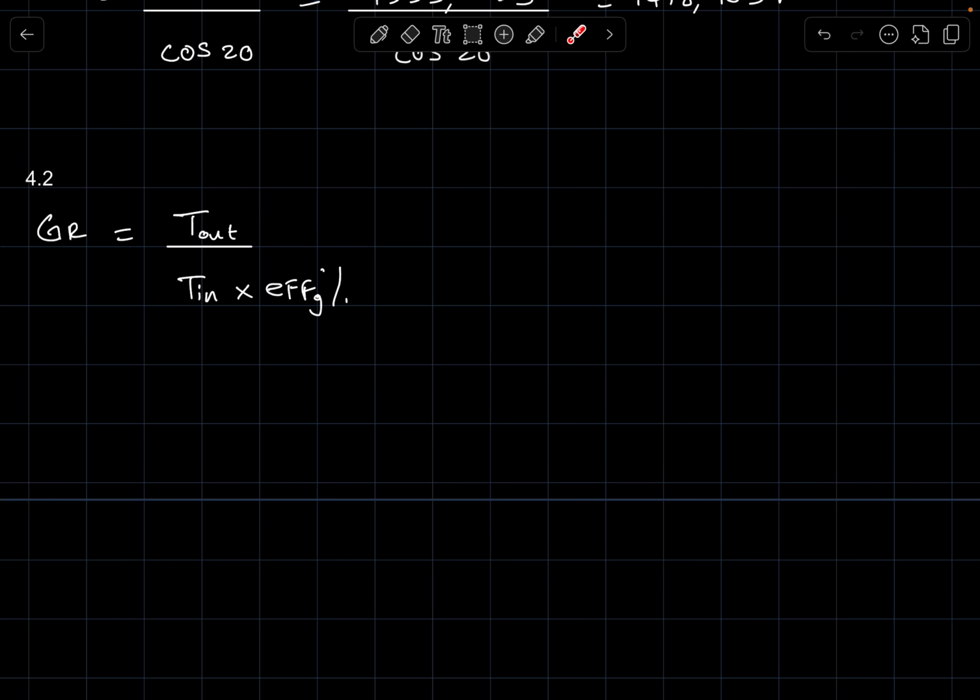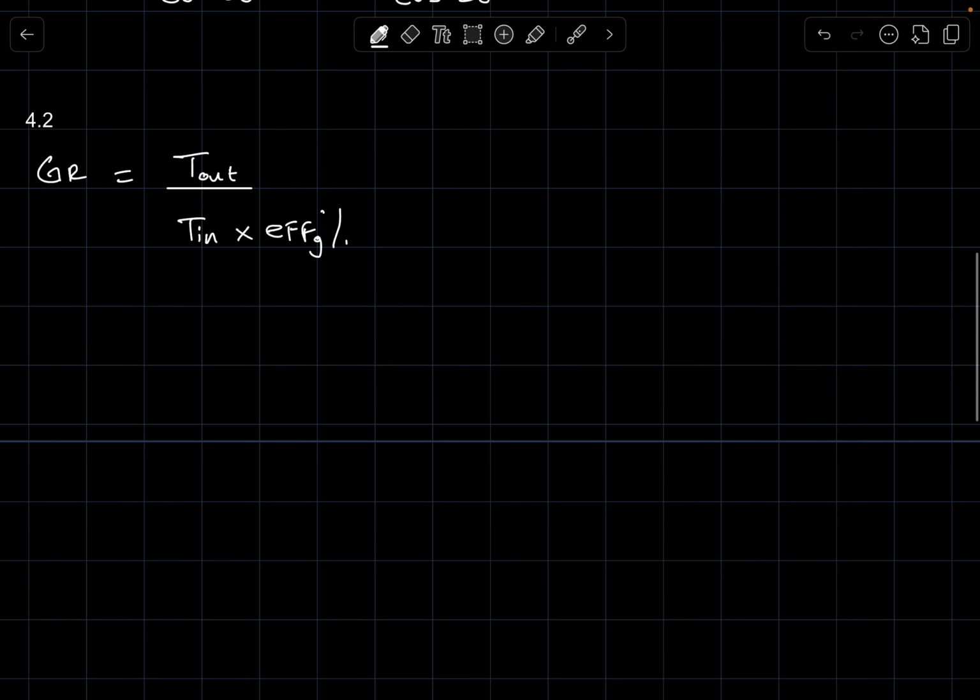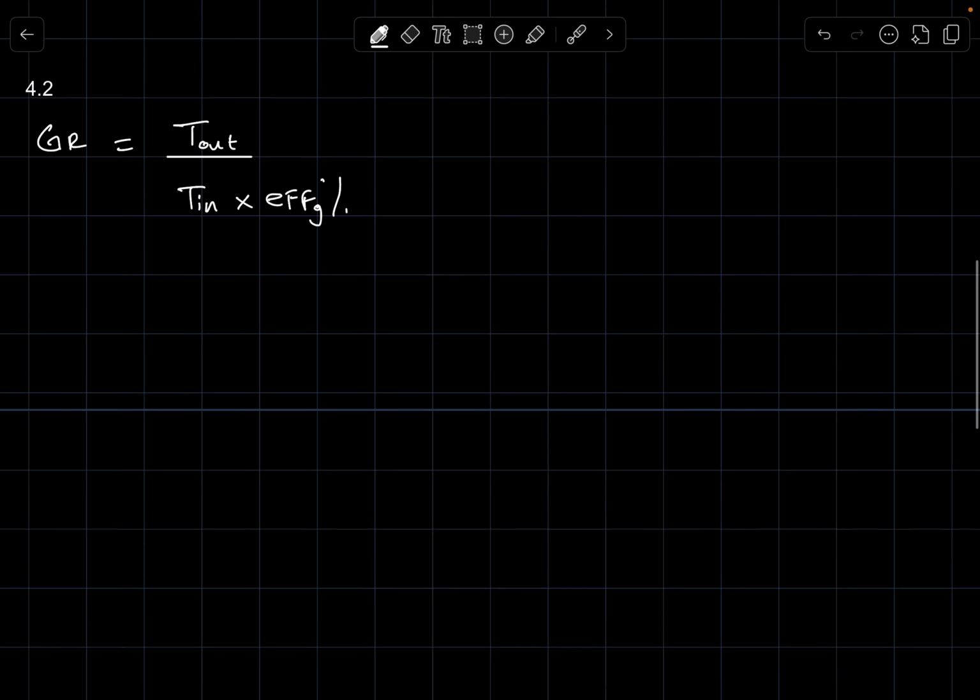Then from here we are looking for T out, so we make T out the subject of the formula. Hence this will be equal to the gear ratio times T in times the efficiency. Now you substitute.